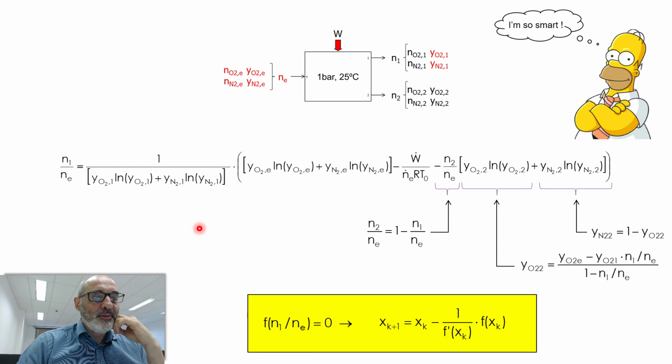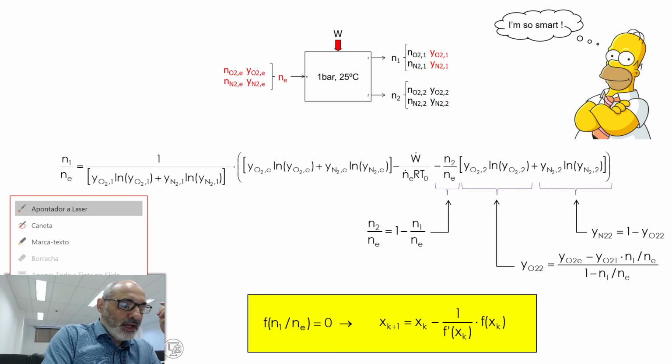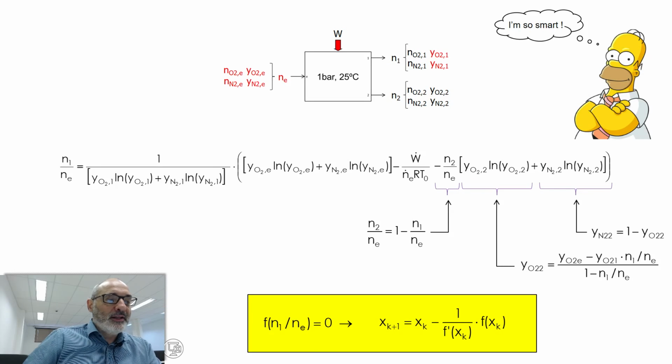It's not very simple because this term is very simple, this one is also very simple, but the dependence on N1 divided by Ne inside these brackets is a lot more complicated. So we're going to do it numerically. I'm going to use actually a finite difference scheme, okay?